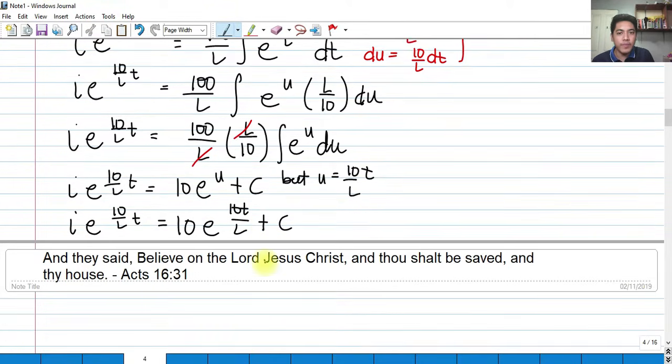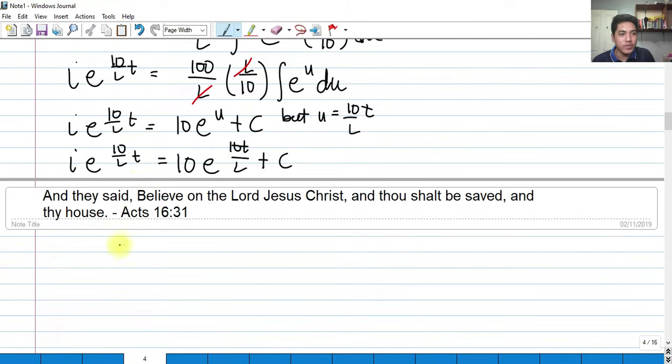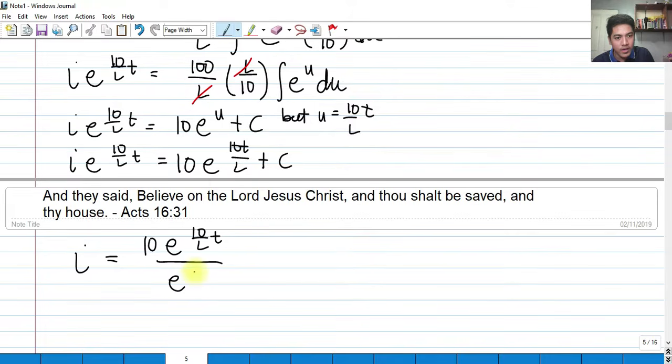Now, we can express the left side of the equation in terms of current by dividing both sides by e raised to 10 over L t. So what will happen? We have I, if we divide this both sides by e raised to 10 over L t, so we have 10 e raised to 10 over L t over e raised to 10 over L t plus c over e raised to 10 over L t.